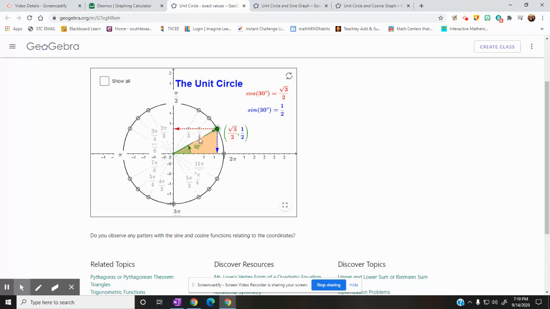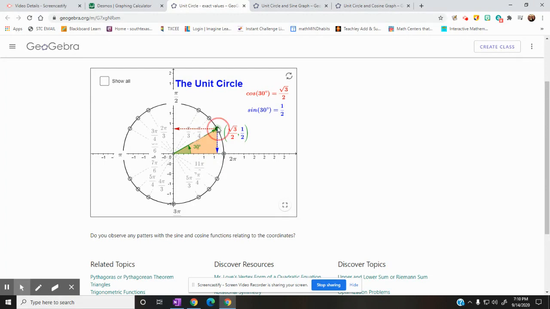So that means we go 1, cut it in half. So the y is 1 half. And then this would be 1 half times square root of 3, so square root of 3 over 2. So our x is square root of 3 over 2. Our y is 1 half. Okay. So I was hoping you guys would remember the special right triangles that we did.